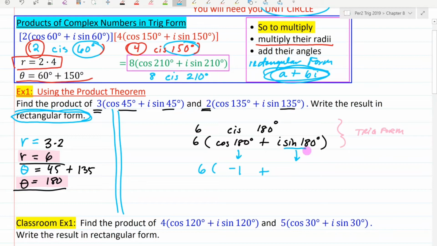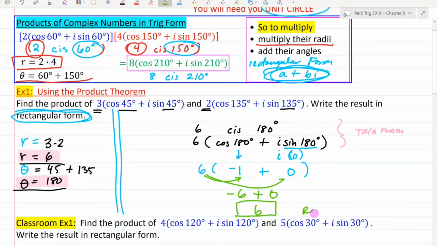The sine of 180 is 0, so i times 0 is 0. Then if you distribute this, you just get -6 plus 0, so you get -6.